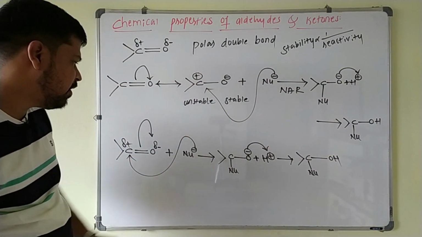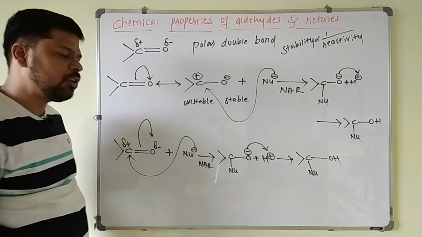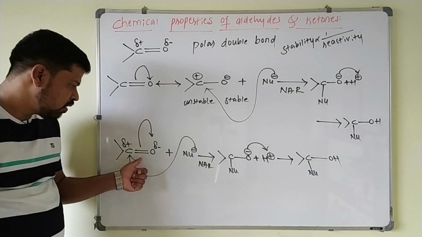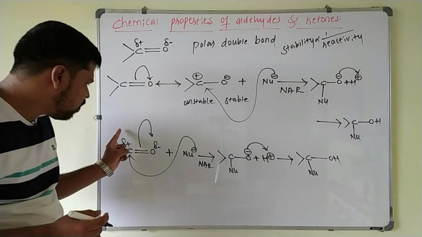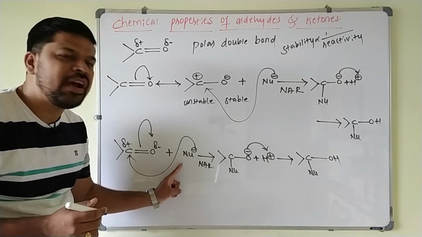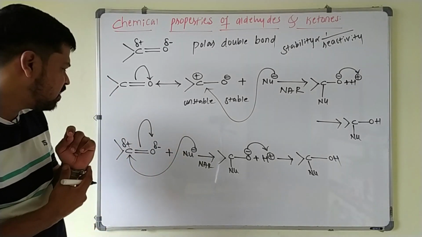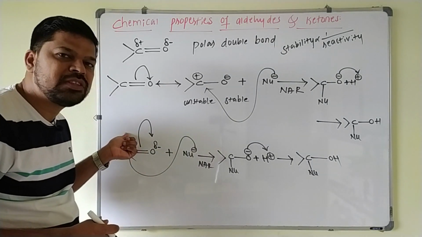So it undergoes a nucleophilic addition reaction. This is the negative electromeric effect. So this carbon has a partial positive charge. In order to attack this carbonyl carbon which has only a partial positive charge, this nucleophile must be very, very strong, because here there is no complete charge present, only a partial positive charge.